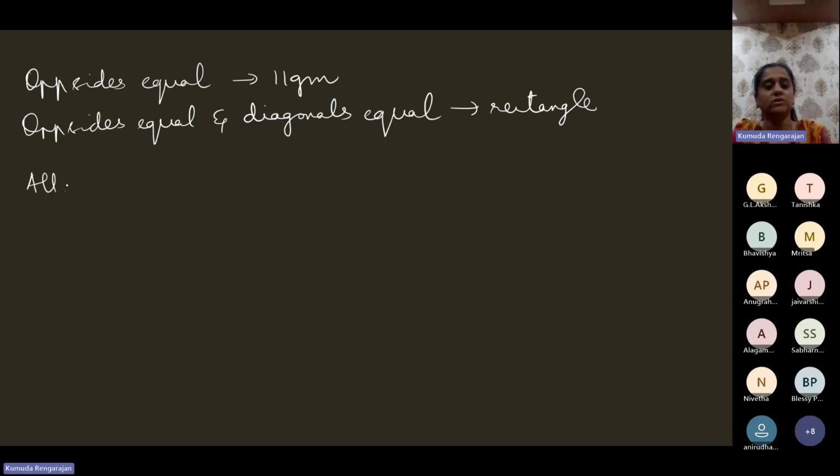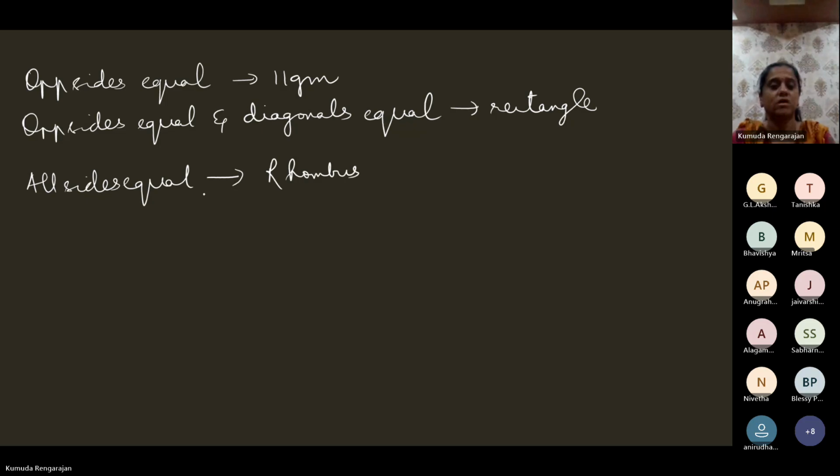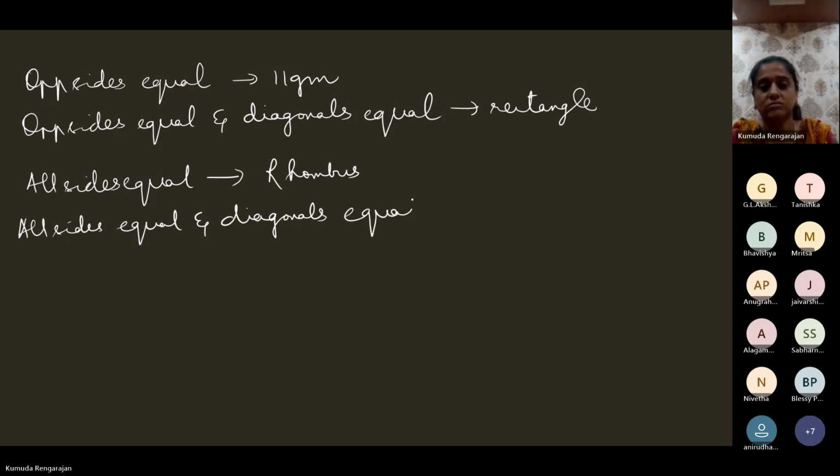All sides equal, rhombus. All sides equal and diagonals equal, square.